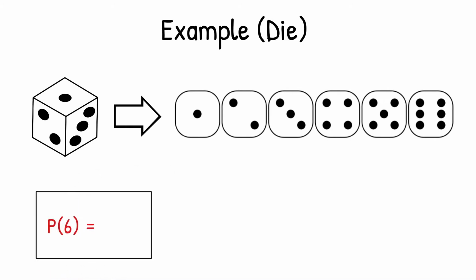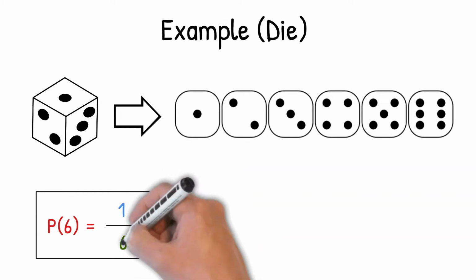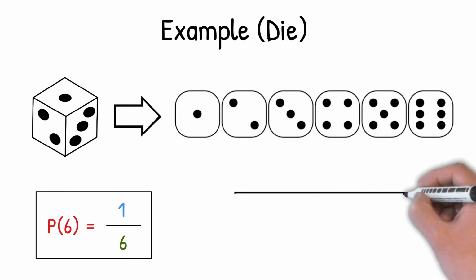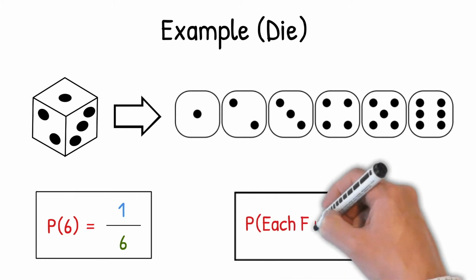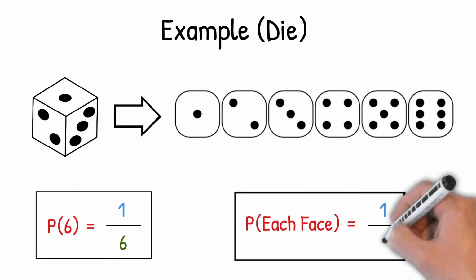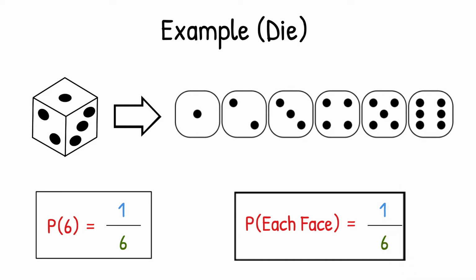So the theoretical probability to get 6 equals 1 over 6. In this example, we will get the same value of theoretical probability for each face, which is 1 over 6. One more example.